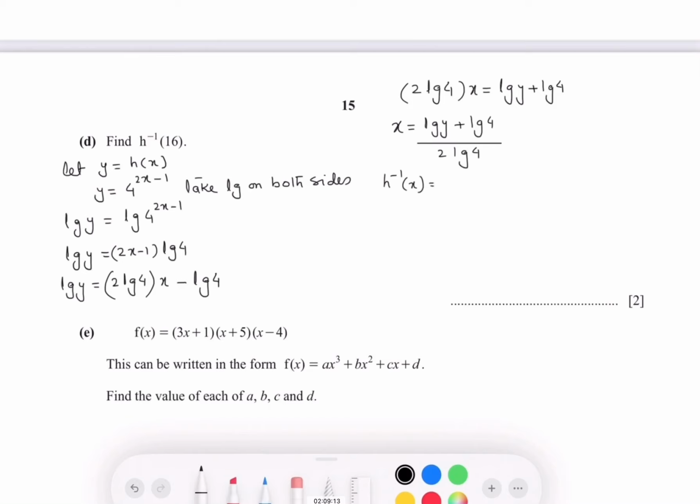So your h inverse of x is Lg4x divided by 2Lg4. So now place h inverse of 16. In x you place 16. Now you calculate it with the help of your calculator. Your answer would be 3 by 2.